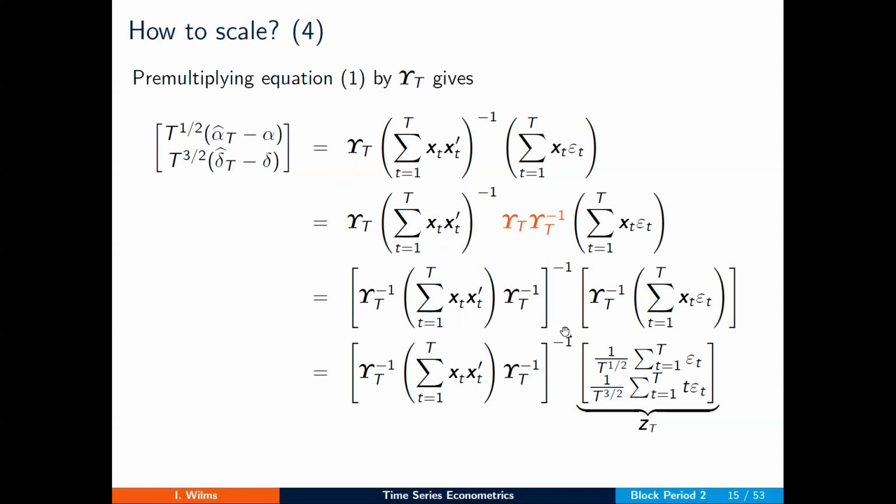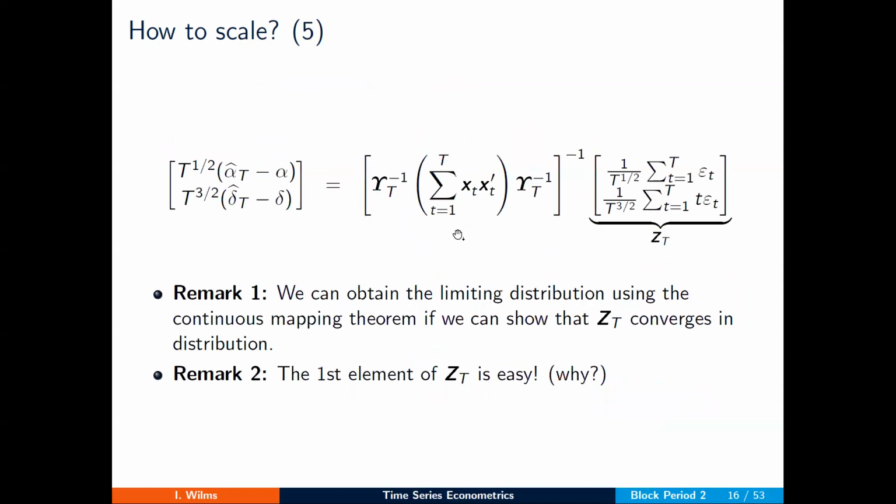Then I'm ready to derive the limiting distribution of my estimator. I copy this on the next slide. We start by deriving the limiting distribution of this first term, which we already did on the previous slides. For the last term, we need to rely on the central limit theorem to show that z_t, which is this vector over here, converges in distribution.